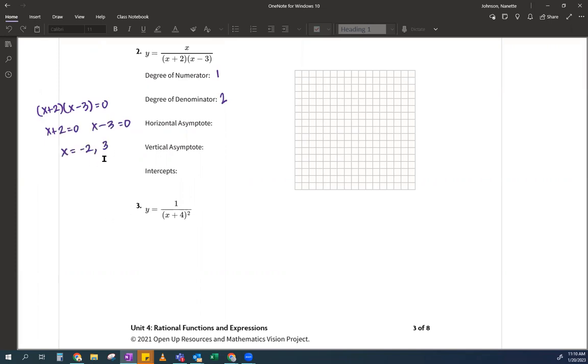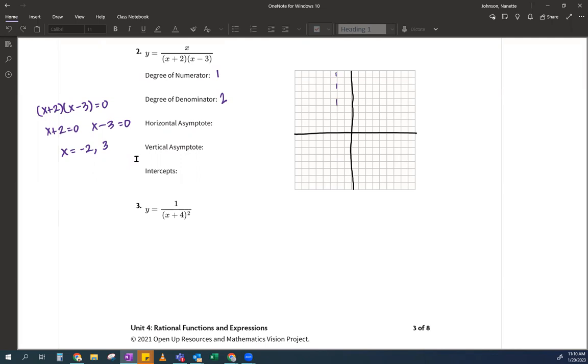So then if I was graphing this on a graph, let me just draw it like this. Oops, it got a little crooked. Sorry, my iPad moved. Okay, so then I would take these two, x equals negative 2 and x equals 3, and I would graph them. So x equals negative 2 looks like this, dot, dot, dot.